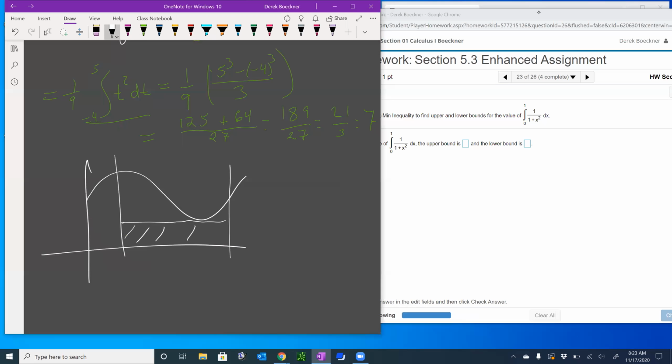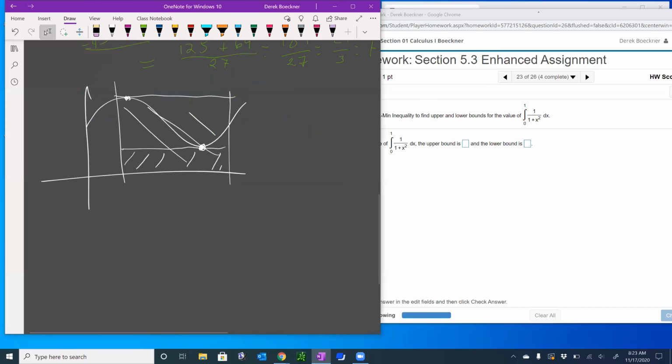It's at least as big as that rectangle, and it's at most as big as that rectangle. That's the max min thing. Does that make sense? So I find the minimum function value, turn it into a rectangle. That's an area that is smaller than the area under the curve. Find the maximum value. That's a big rectangle that's bigger than the area under the curve. So the area under the curve has to be between those two.